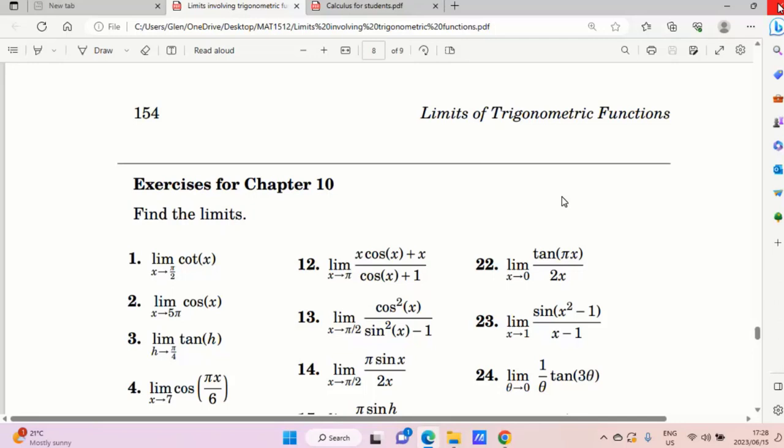Okay, Tando, let's talk, you and I. We now have to find the limit of cos of pi x over 6 as x approaches 7. I'm starting with you because you are the only one who got a different answer from the others.